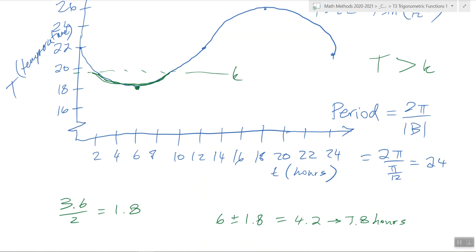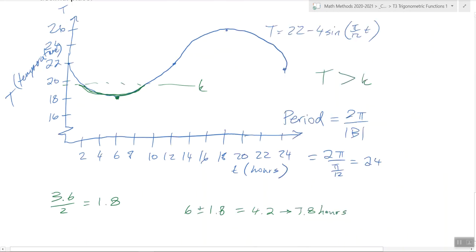If it's below k, it has to include the minimum temperature, or else k is not on the graph. So then we divide the total amount of time, 3.6, by 2, and then it's plus or minus. Oh, actually, I probably should find what k is.